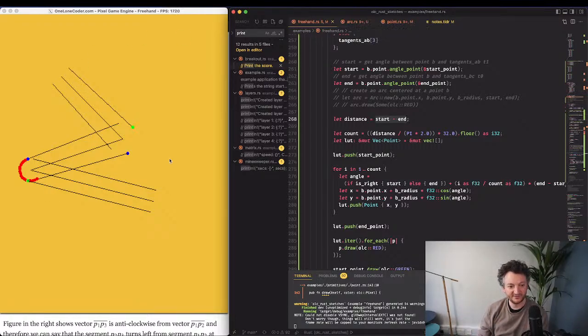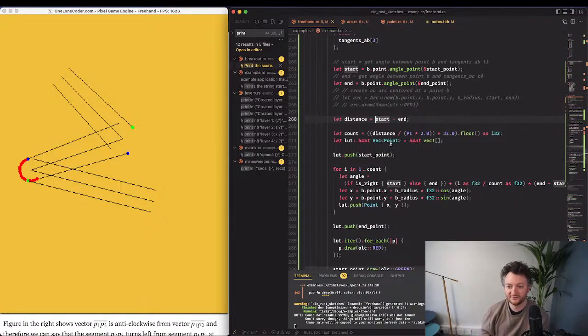Are we drawing the small part or the big part? We should be able to figure that out based on whether it's going left or right.